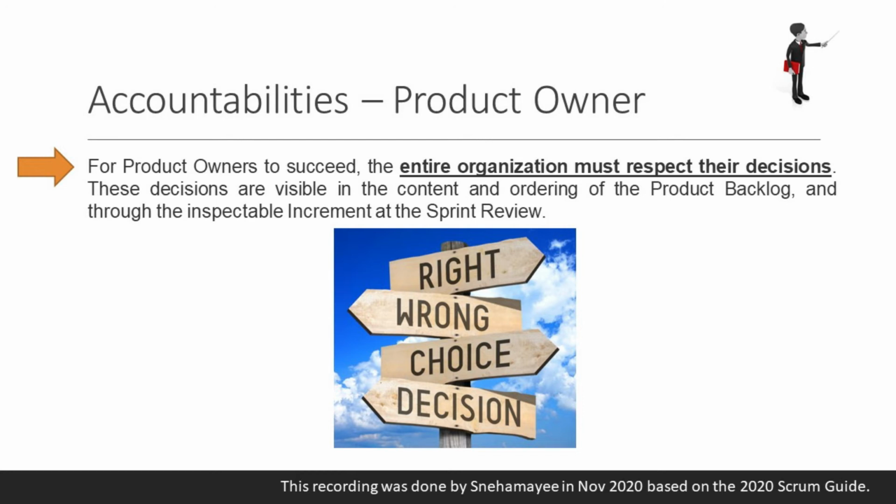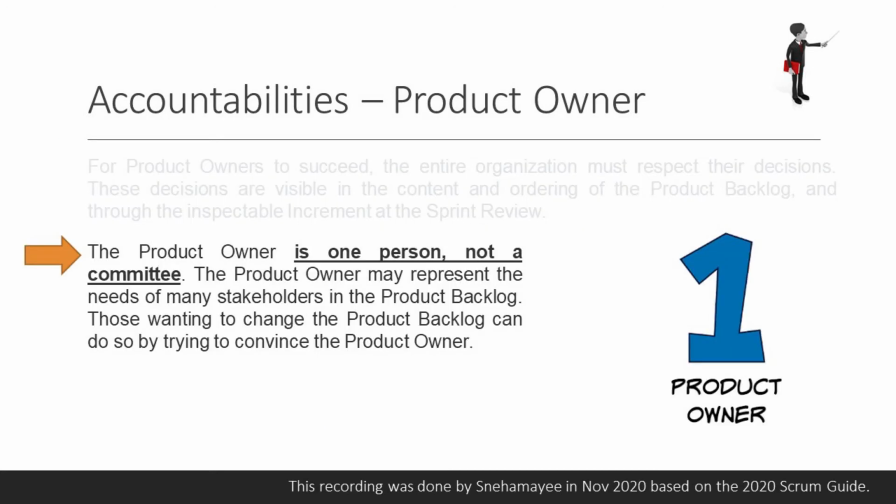These decisions are visible in the content and ordering of the product backlog and through the inspectable increment at the sprint review. The product owner is one person, not a committee. The product owner may represent the needs of many stakeholders in the product backlog. Those wanting to change the product backlog can do so by trying to convince the product owner.